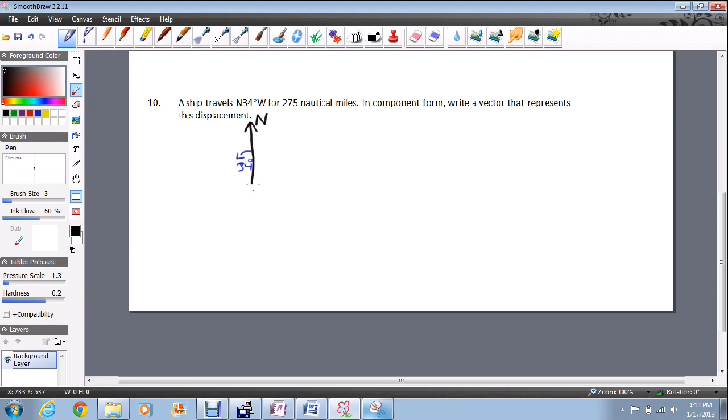And the length of this vector, or how far the ship's traveled, is 275 nautical miles. So 275 would be right here.